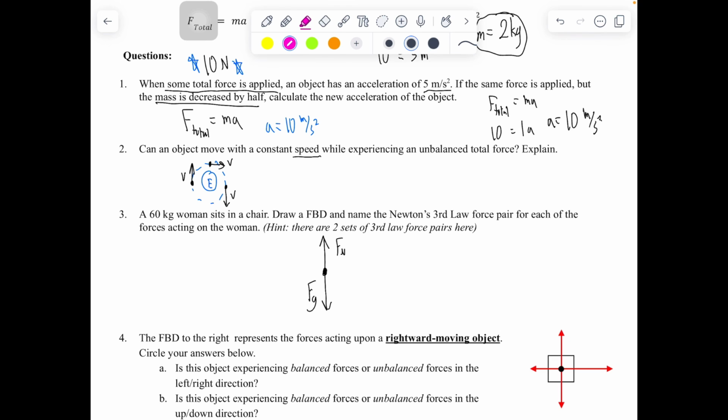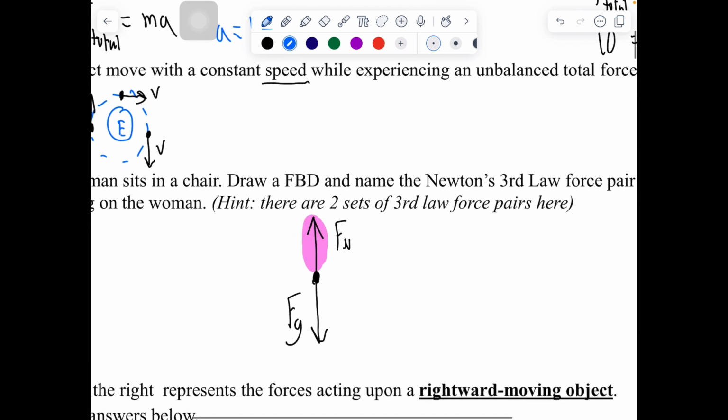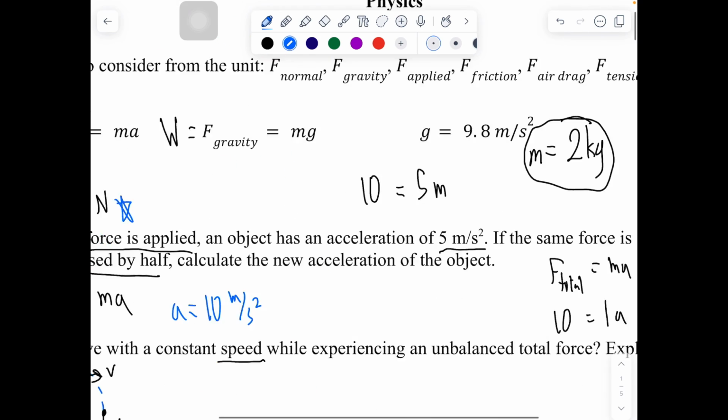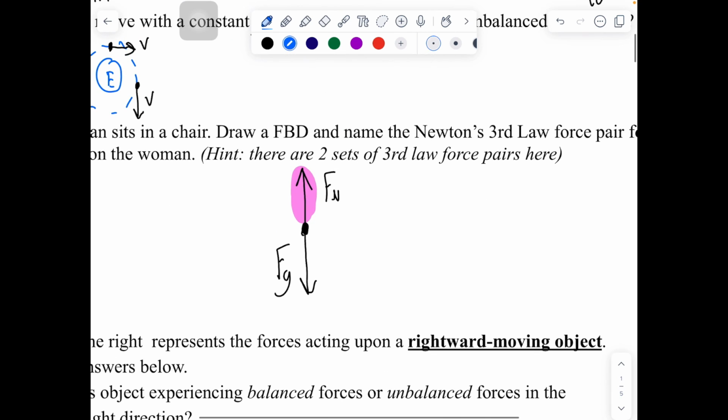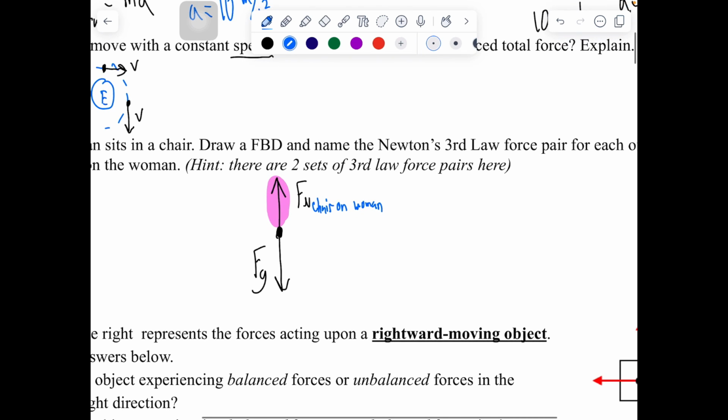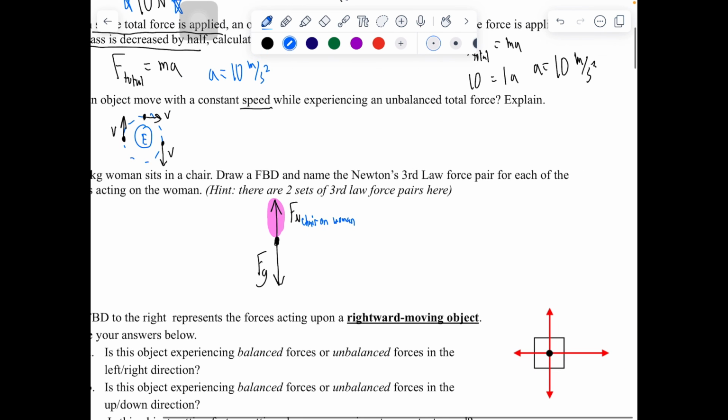Okay, so here, our normal force. Let's add in some extra details. This is really the normal force, this is the chair on the woman. If we had the chair, we know there should be some opposite force of the woman acting on the chair.